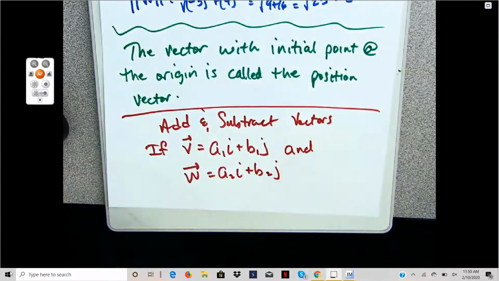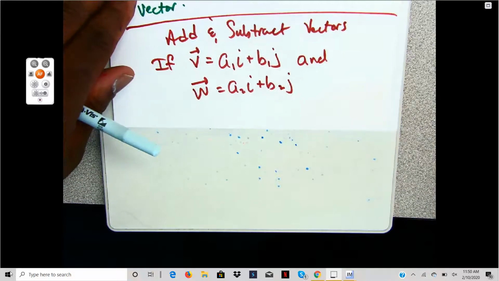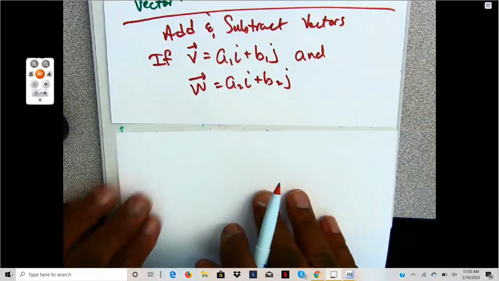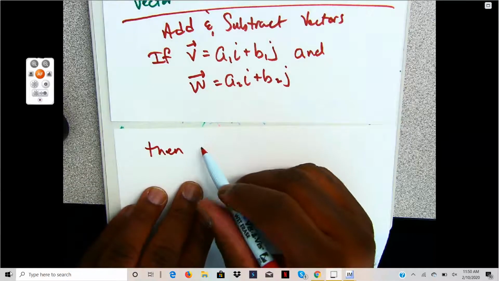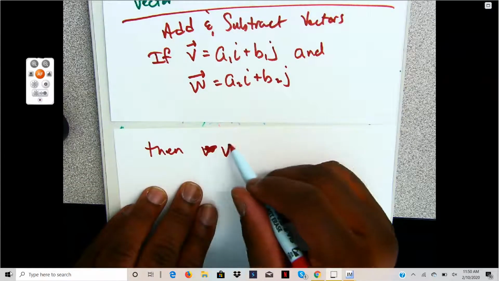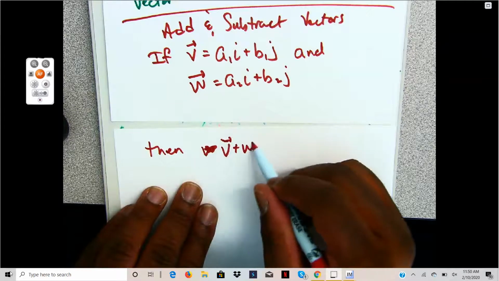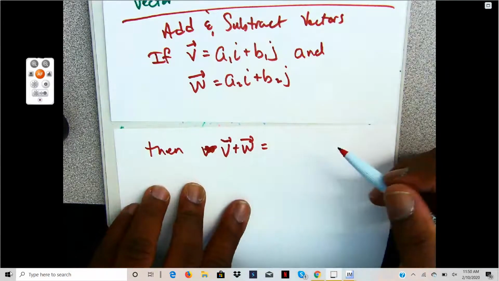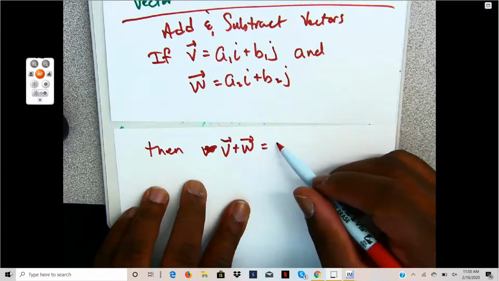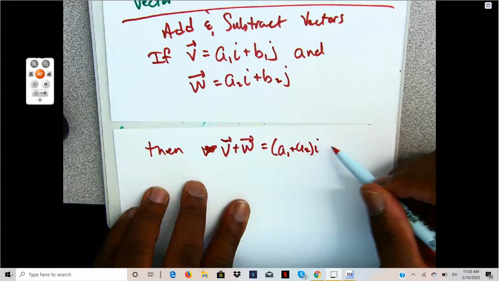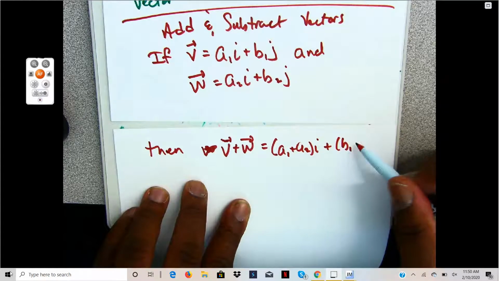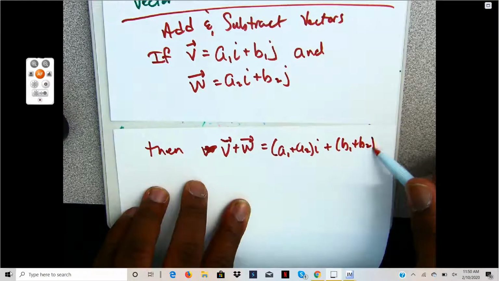Then if we were to add these two, v plus w, all you're going to do is combine the like terms. So that's going to be a1 plus a2 i, plus b1 plus b2 j.